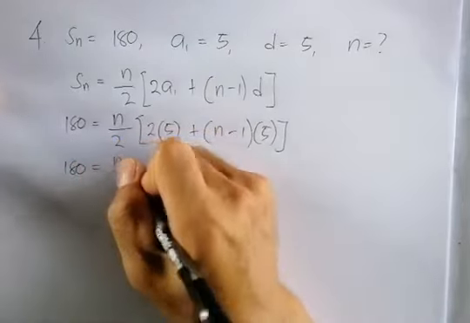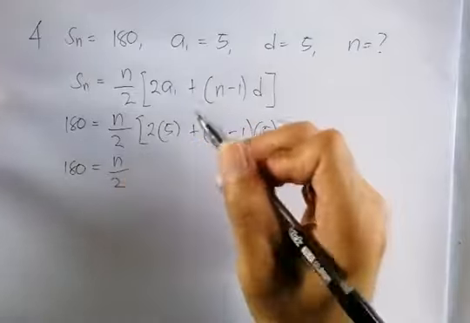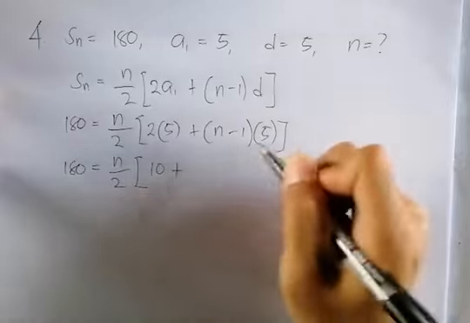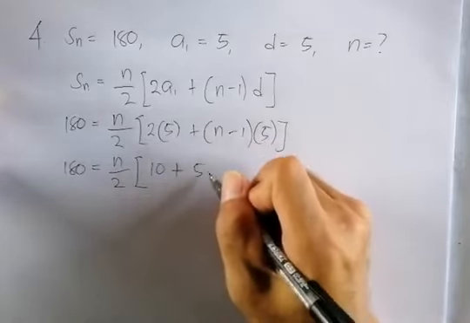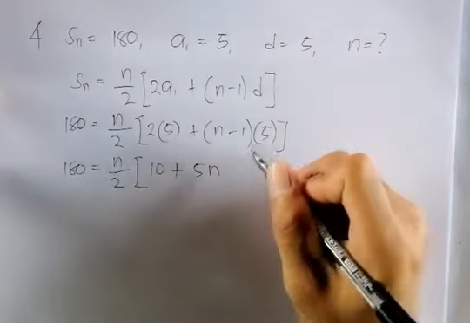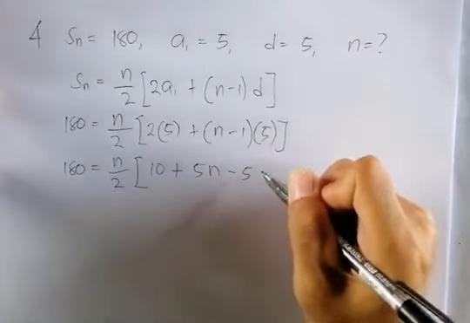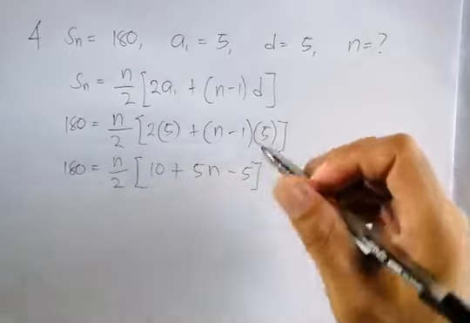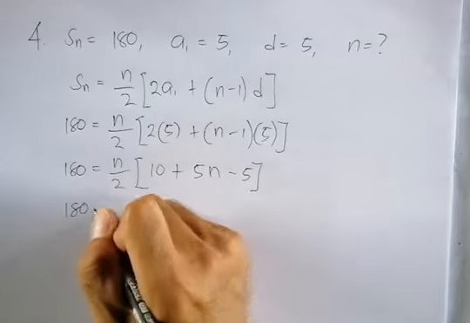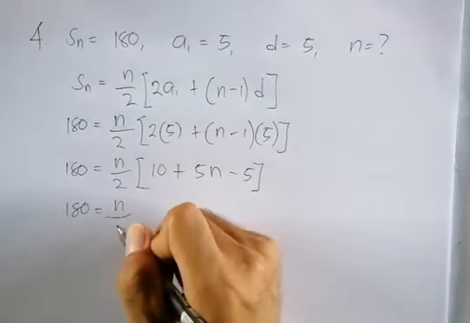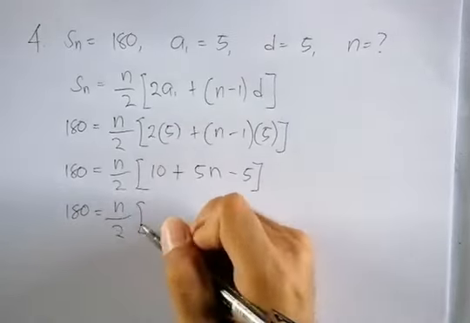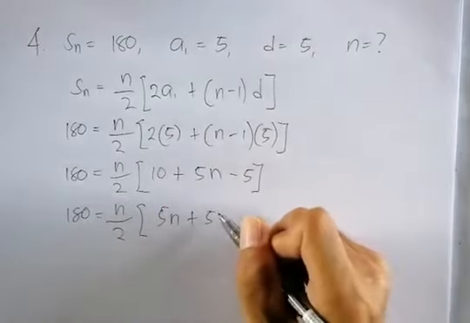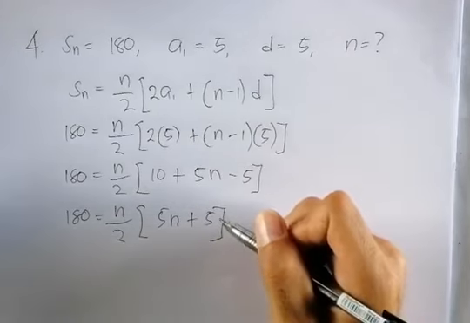So we have 180 is equal to n over 2 times open bracket 2 times 5, that is 10, plus n times 5, that is 5n. Then negative 1 times positive 5, that is negative 5. Close bracket. We have 180 equals n over 2, and 10 minus 5 is 5, then 5n.